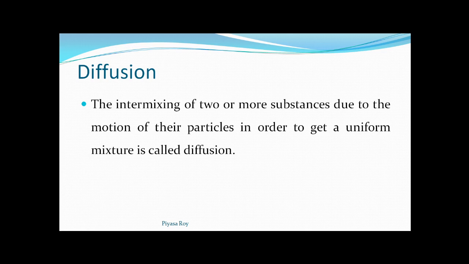Because of the random motion of the particles, there will be an intermixing of the particles of two or more substances. Diffusion we will see generally in gases and liquids. In solids we will not see this because solid particles have a stronger intermolecular or interparticular force of attraction.